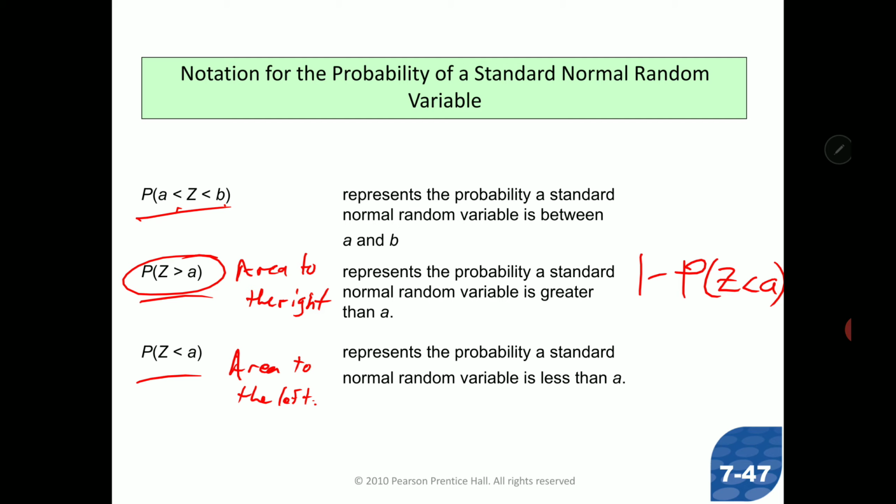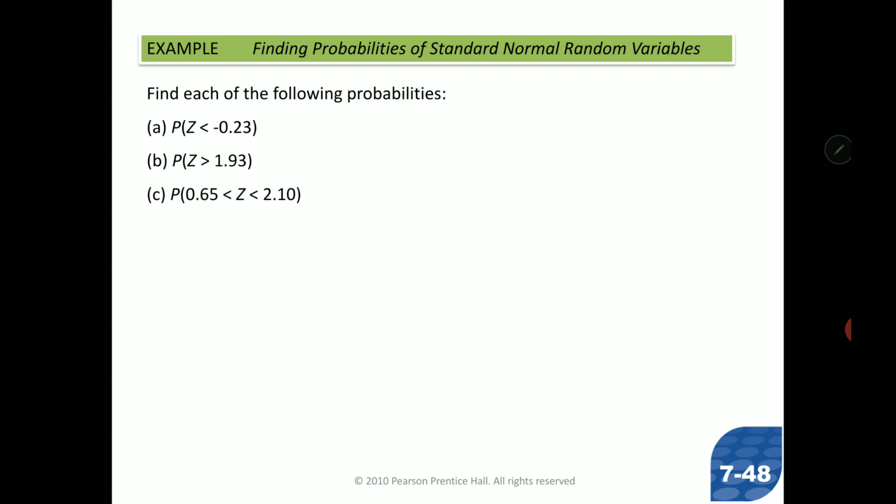So this is a notation for probability. If you see find this, or find that, that's what it means. Greater than means area to the right, less than means area to the left. Very important you know that, okay? Because anytime you find area to the right, you do 1 minus area to the left. All right, again, we'll do this on R. This is finding area to the left of this value, area to the right of that value, and area between these two. So we'll do that on R.